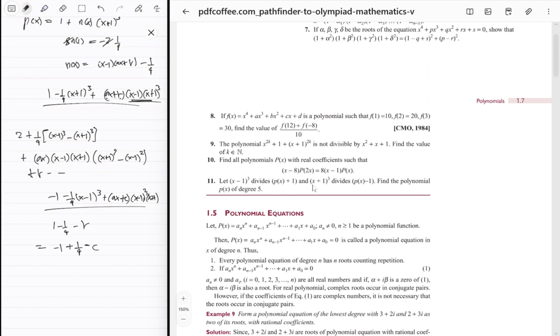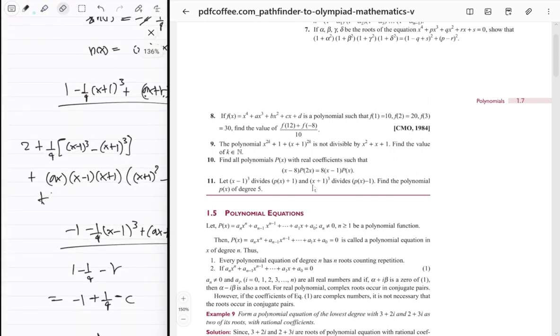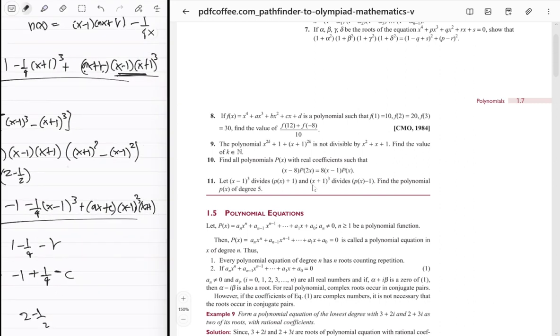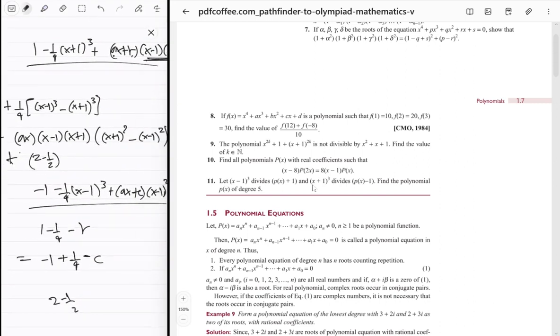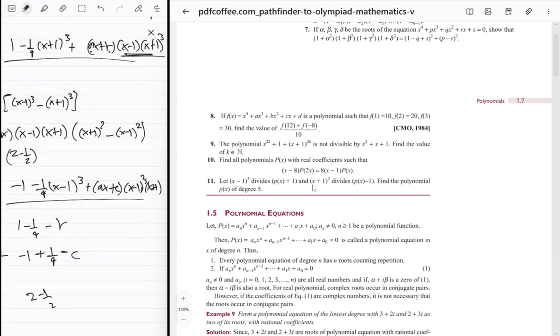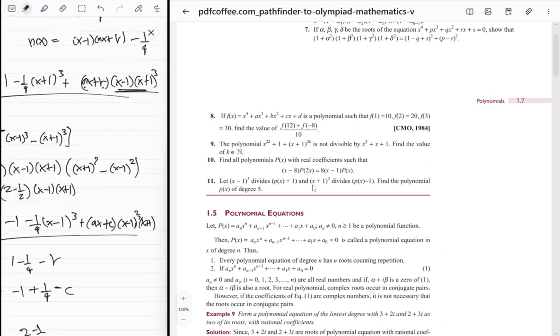Hey, actually you can figure out what b minus c is supposed to be because of this thing. So it's just 2 times (1 minus 1/4), which is 2 minus 1 upon 2. Once again, these guys, x minus 1 and x plus 1, are common.